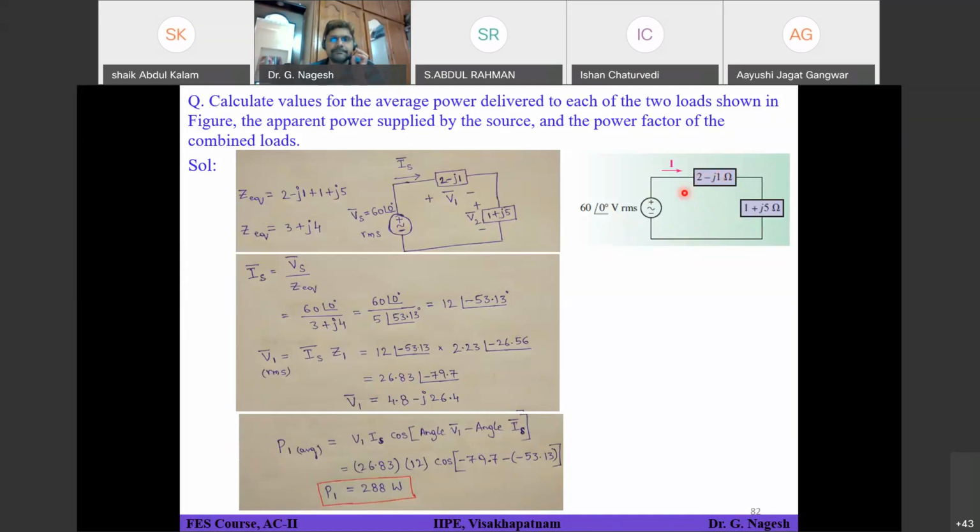Actually, it is 26.76. Yes, sir. So try to do that, V square divided by R. Now it's 358 volts.